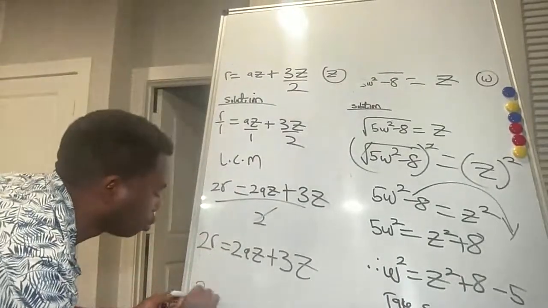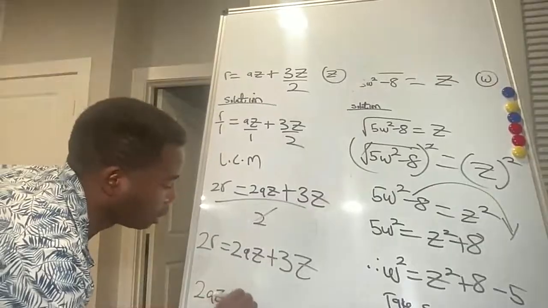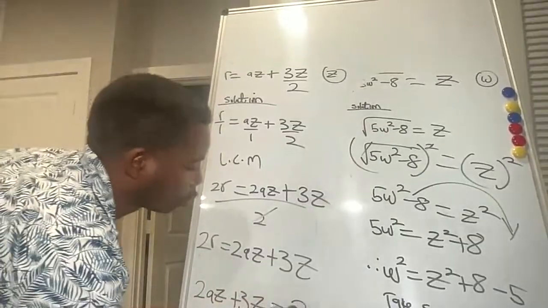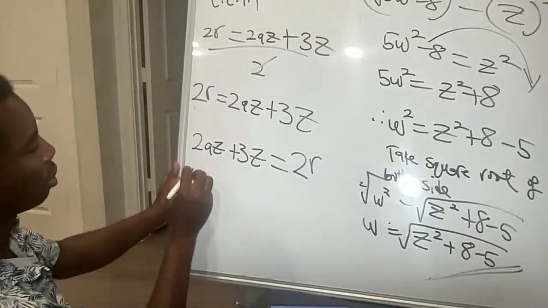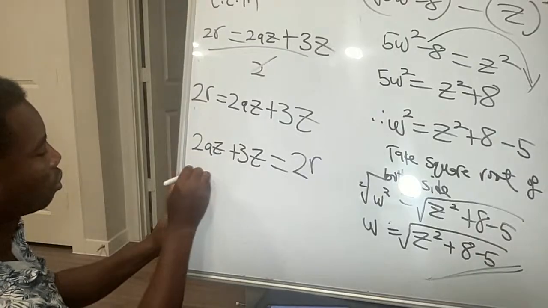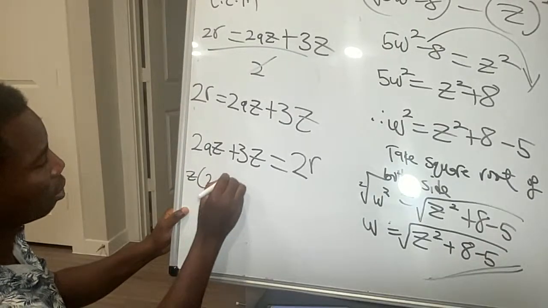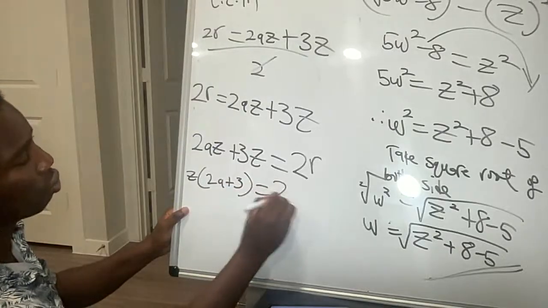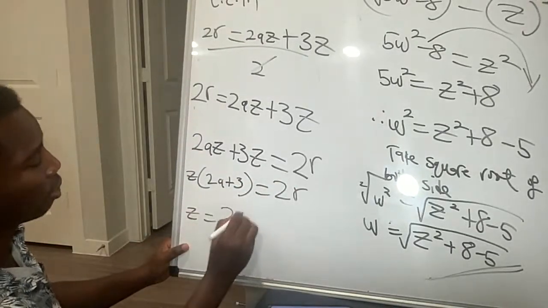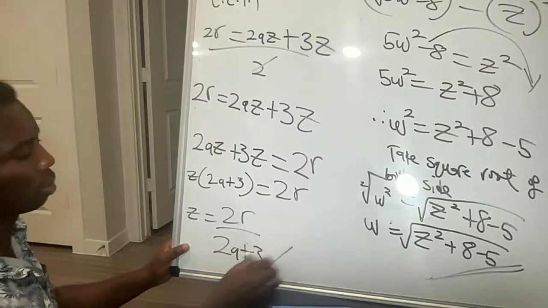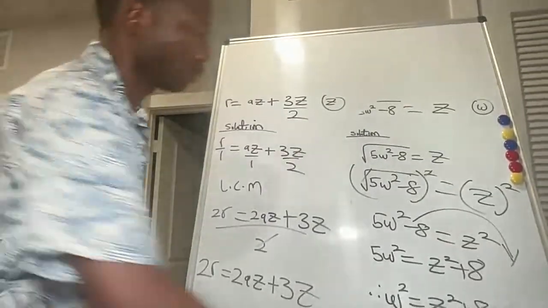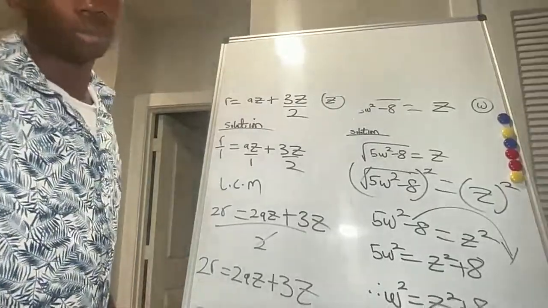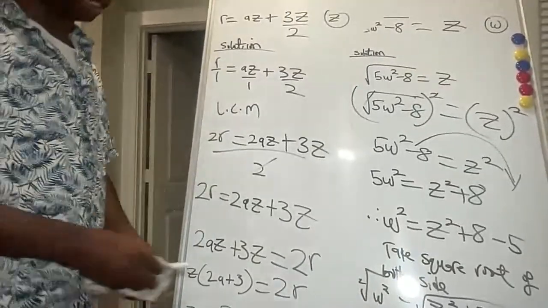So 2az plus 3z is equal to 2r. Now let's factor out z: z times 2a plus 3 is equal to 2r. So z is equal to 2r over 2a plus 3. Z is now the subject of this equation.